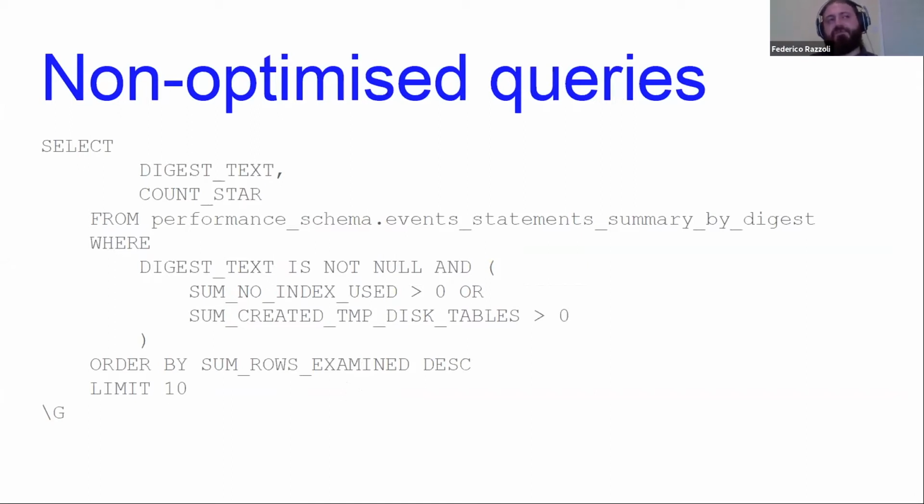So this is something that happens, for example, when you have a query which requires some sort of two-steps sorting, and MySQL has to write data into memory. If you're lucky. If you're not lucky, it will have to temporarily write data on disk, and this means that the performance will be poor.